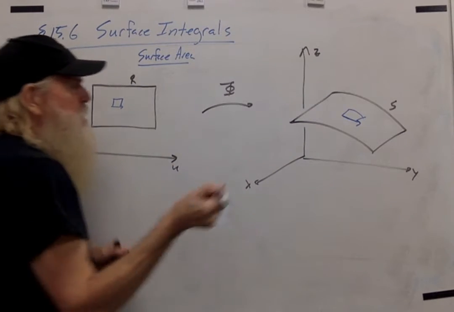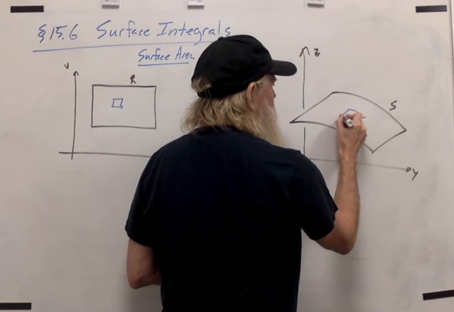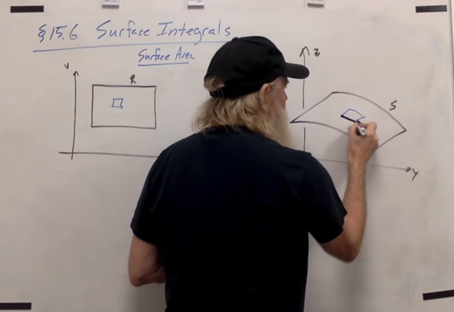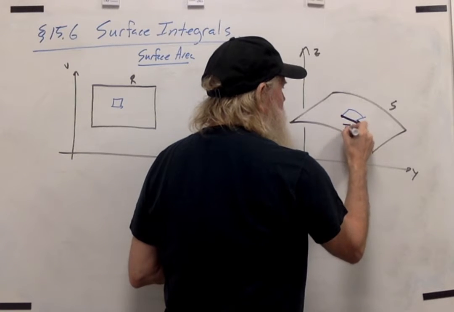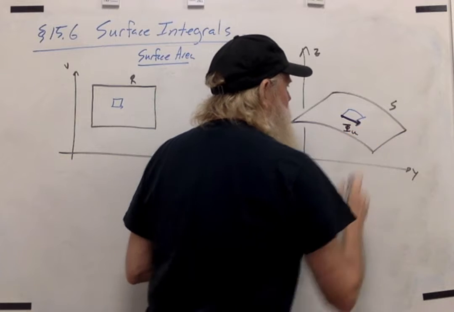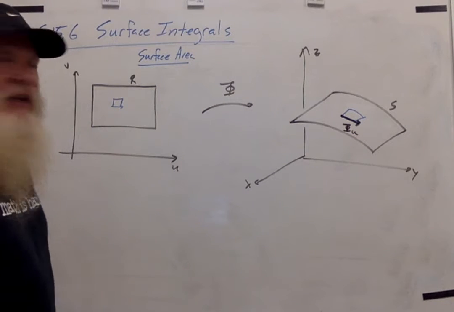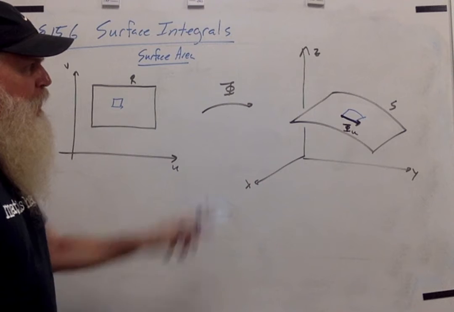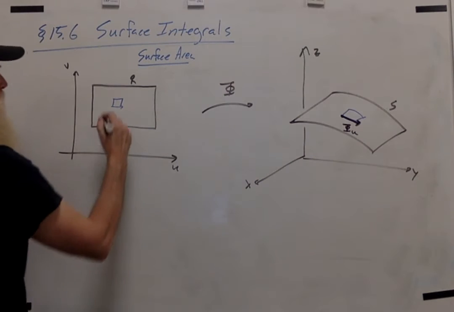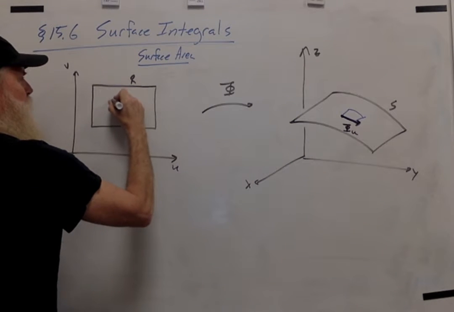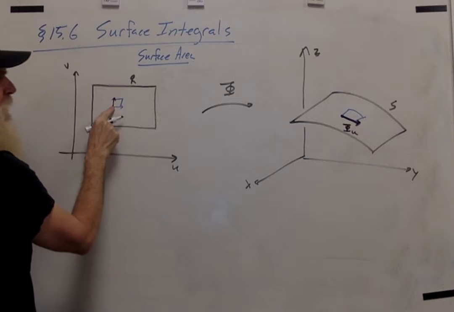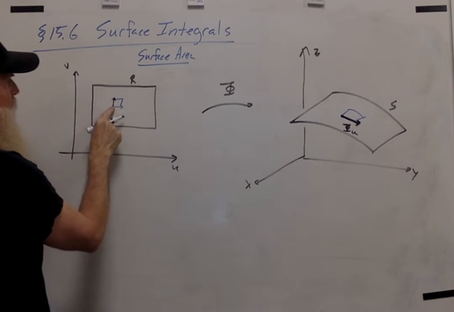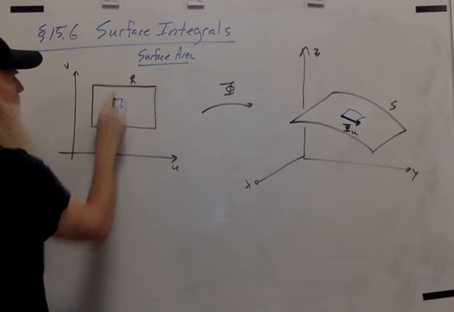So that's going to correspond to taking a derivative over here of the parameterization with respect to U. So d phi du is going to be a tangent vector to the surface S. Similarly, if I want to see roughly what this vertical edge is taken to, then over here I'm holding U constant and letting V vary.